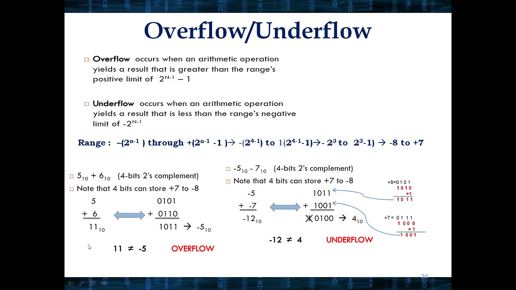According to the decimal numbers the value should be 11, but here it is not 11, it is minus 5. 11 is very much greater than plus 7, right? So it is an overflow. Or just by seeing this MSB value, you can say that it is an overflow condition.